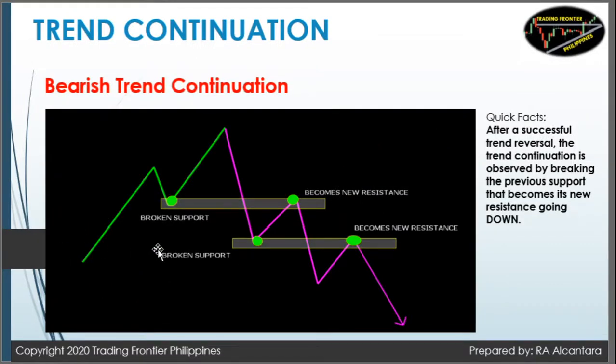Trend continuation is what makes you a better trader when it comes to scaling in position. Diba? Lagi niyong tatandaan yan. When you want to scale in position, always remember this trend continuation pattern. That previous support, once broken, becomes new resistance for it to continue its trend.